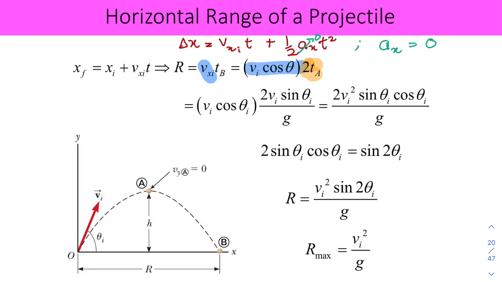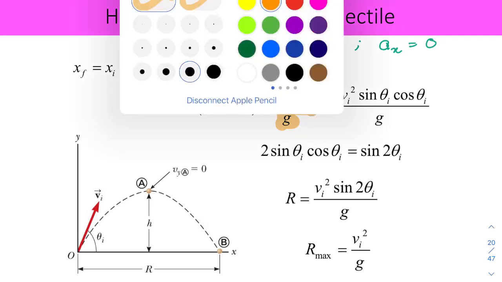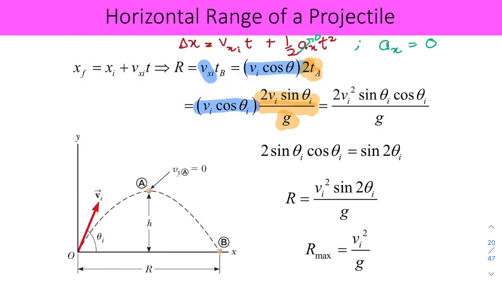So here is your V, this is your T, again this is your T, and here is just now your Vx initial, right? So if you open up, you will get this kind of formula.